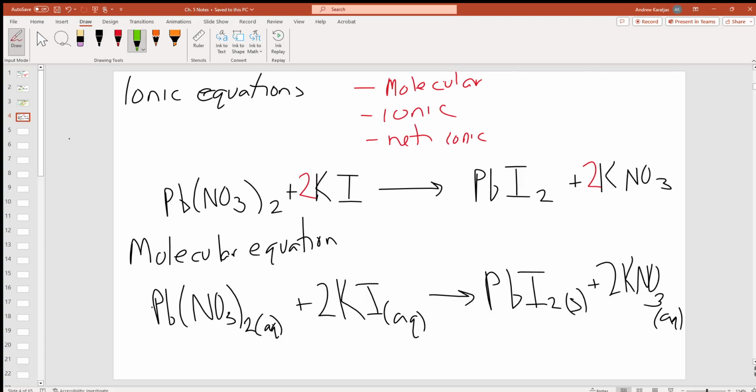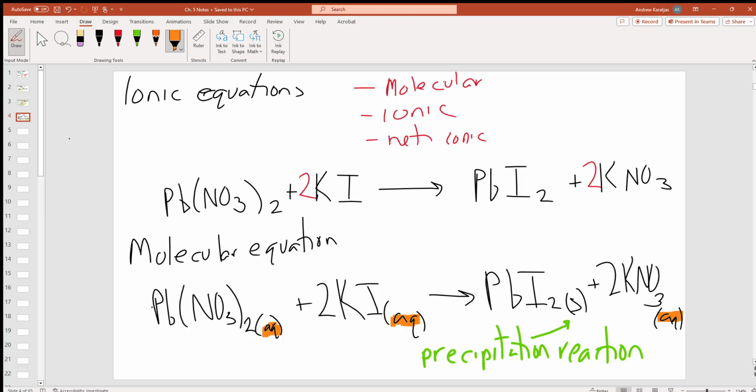This reaction, because it's producing a solid here, is defined as a precipitation reaction. Any ionic solid that dissociates, we can tell because it's going to have this aq after it.